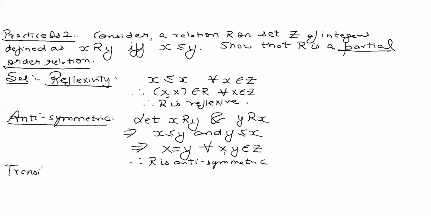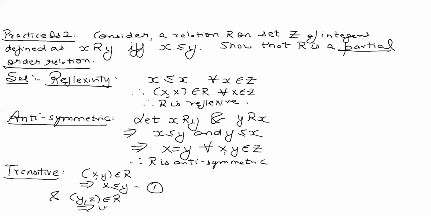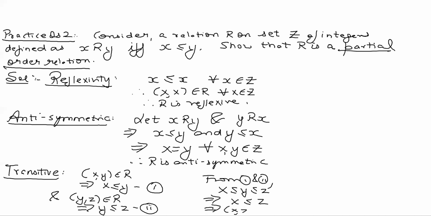The last thing to show, transitive. So (x, y) belongs to R implies x is less than or equal to y, and (y, z) belongs to R implies y is less than or equal to z. So from 1 and 2, x is less than or equal to y less than or equal to z, which implies x is less than or equal to z, which implies (x, z) also belongs to R for all x and z belonging to the set of integers.